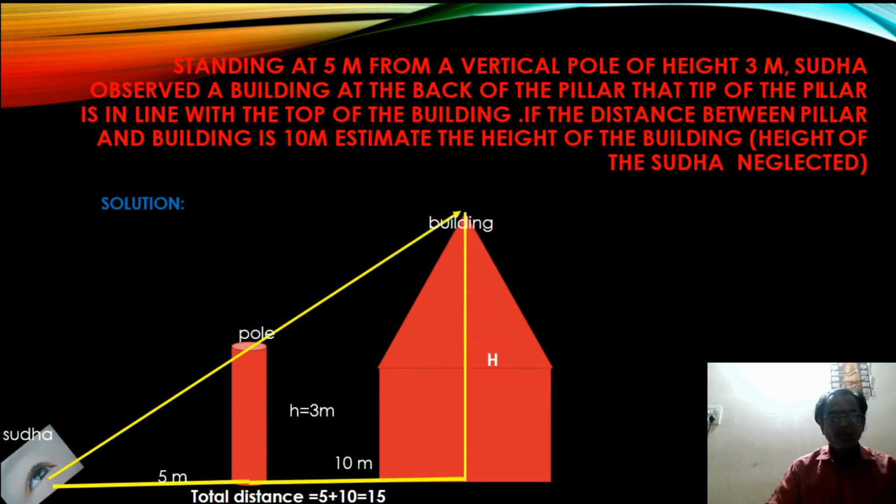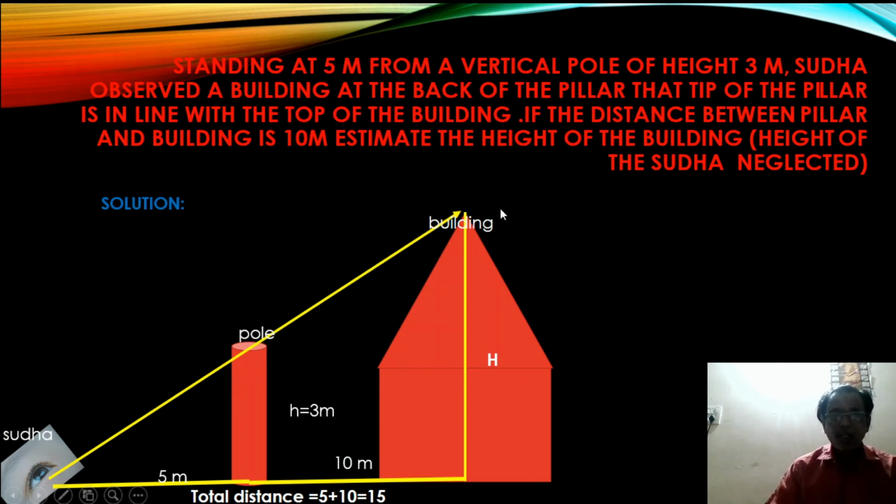Solution. See children, here Sudha is observing the building behind a pillar, and the tip or top of the pole is on the line of the top of the building.